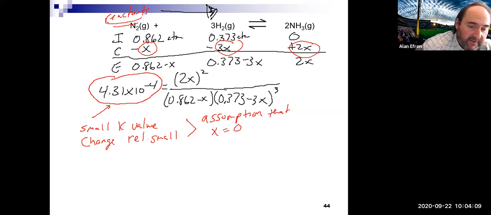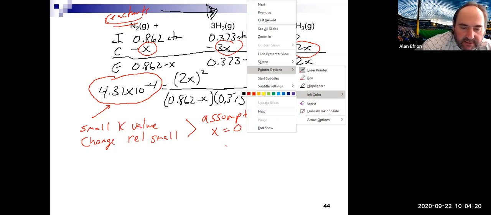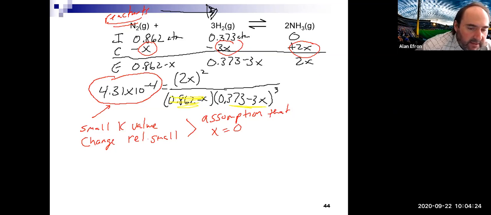So the x's we can get rid of are just the ones that we are subtracting from or adding to something.